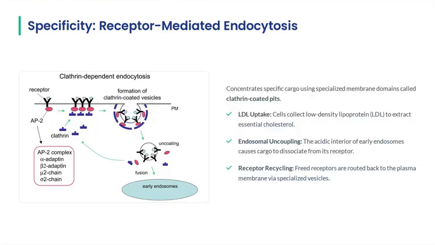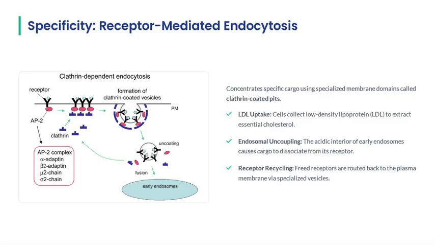Okay, we have receptor-mediated endocytosis. This is where it concentrates specific cargo using specialized membrane domains called clathrin-coated pits. And that's where the LDL uptake happens, where a cell collects low-density lipoproteins to extract essential cholesterol, and endosomal uncoupling, where the acidic interior of early endosomes causes cargo to dissociate from its receptor.